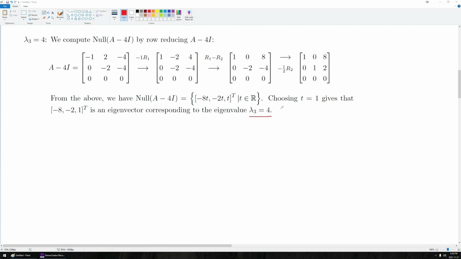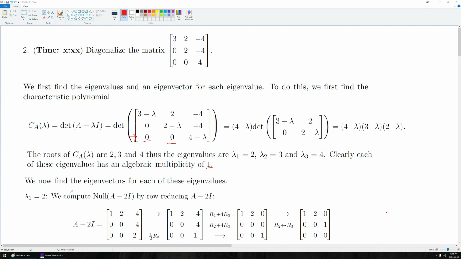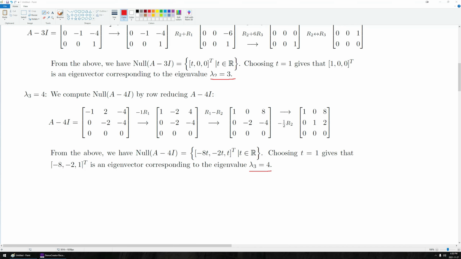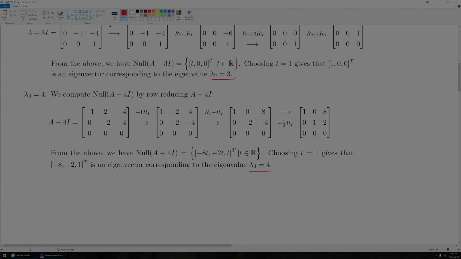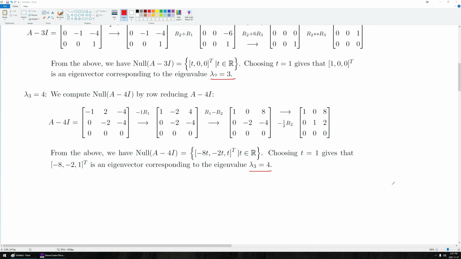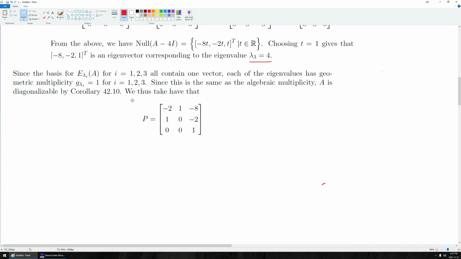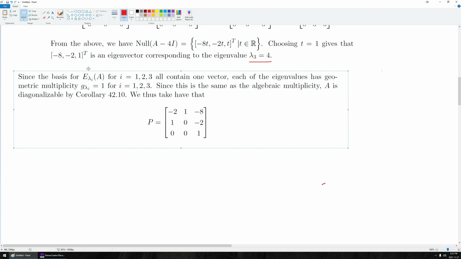So before I actually diagonalize A, I need to do the thing where I justify that I can diagonalize it, right? I could have done it up here, where I simply noted, hey, corollary 42.11 applies. But instead, let's use corollary 42.10 just to show how one would use that corollary. Okay, so from here you could say, hey, the bases for E sub lambda i of A for each one of these i's equal to 1, 2, 3 all contain one vector, right?